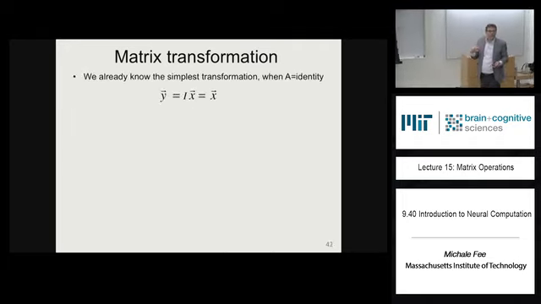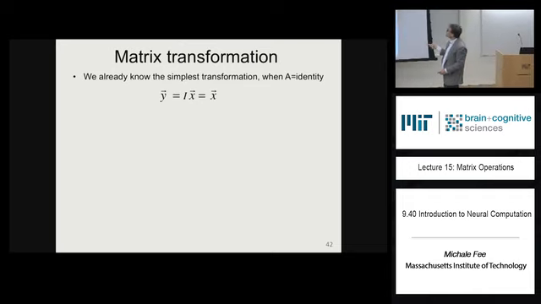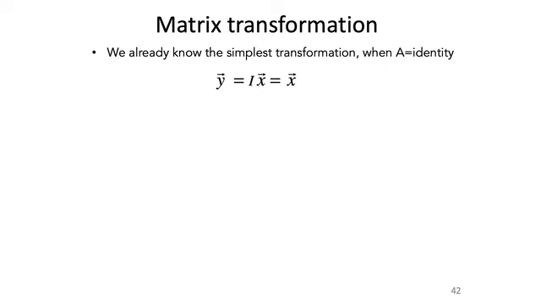Okay, so I just want to show you what different kinds of matrix transformations look like. Okay? So let's start with the simplest matrix transformation, the identity matrix. So if we take a vector x, multiply it by the identity matrix, you get another vector y, which is equal to x.